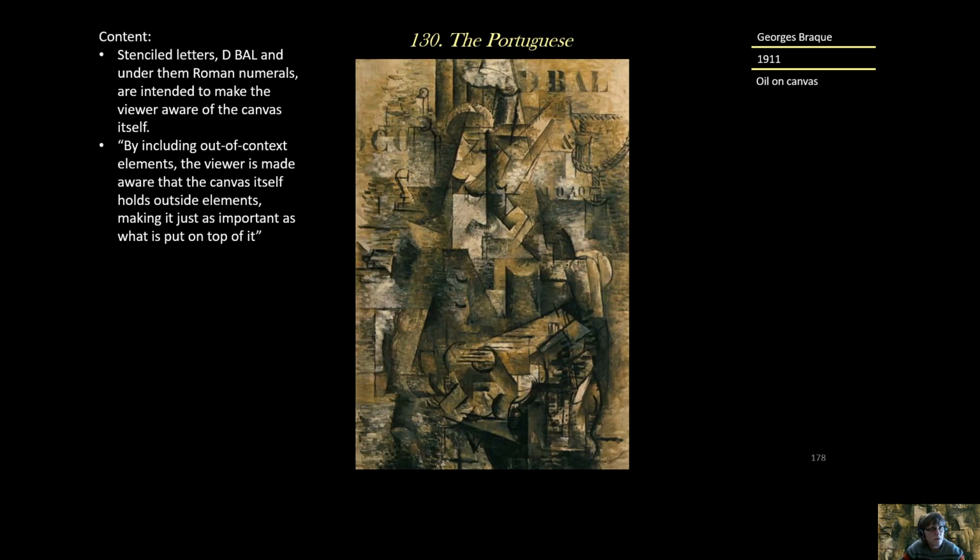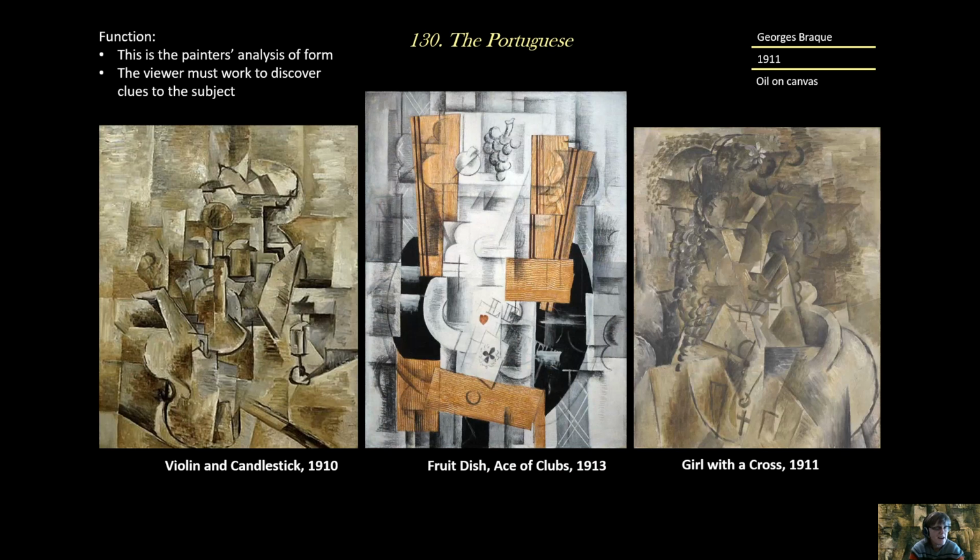So by including, quote here from our text, "by including out of context elements, the viewer is made aware that the canvas itself holds outside elements, making it just as important as what is put on top of it." So the canvas can't be separated from this piece. It's not just a tool here, people.